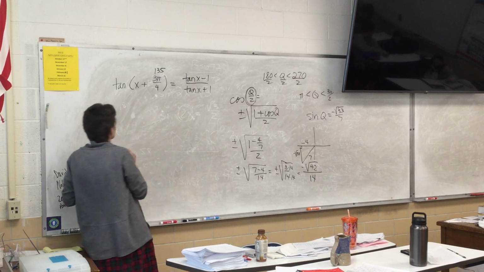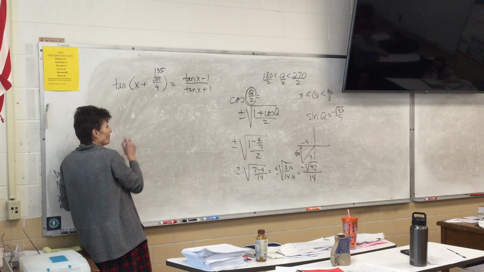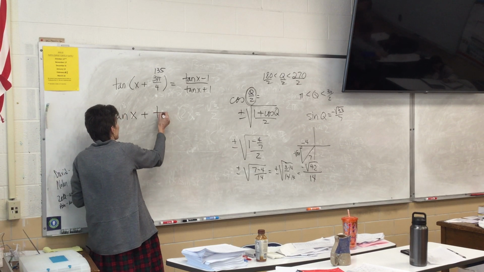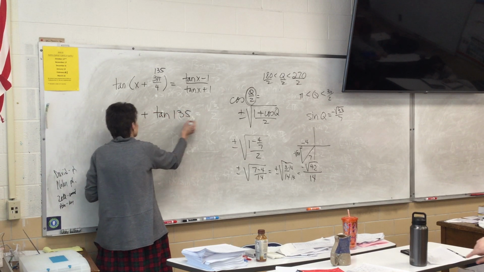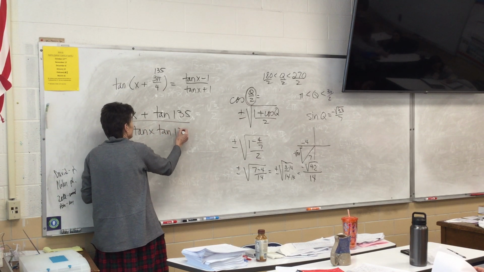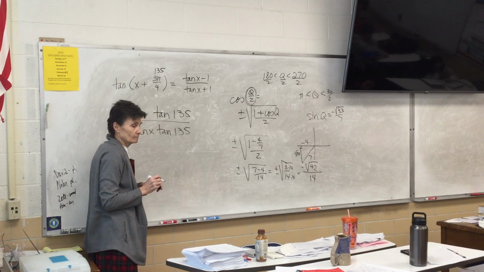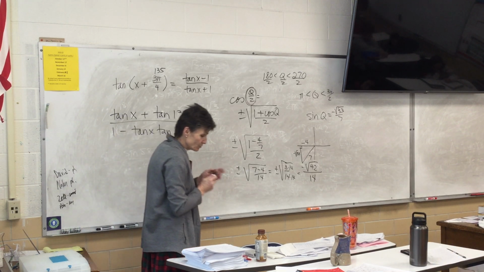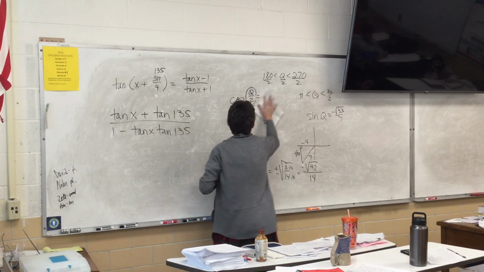The formula for the tangent of an angle plus an angle is tangent of the first plus tangent of the second over 1 minus tangent of first, tangent of second. So what do you think I'm going to do now?